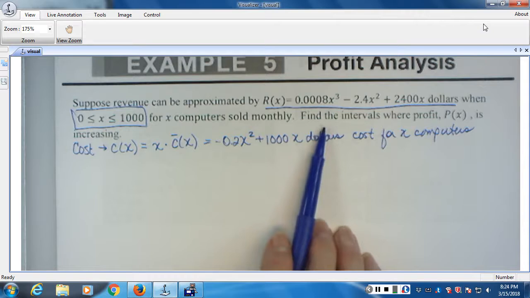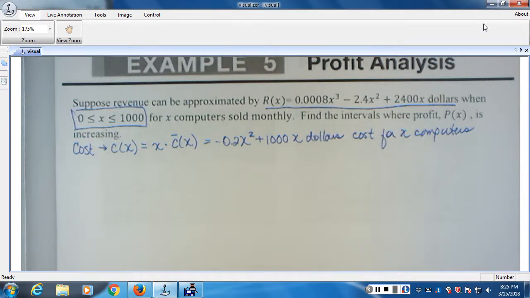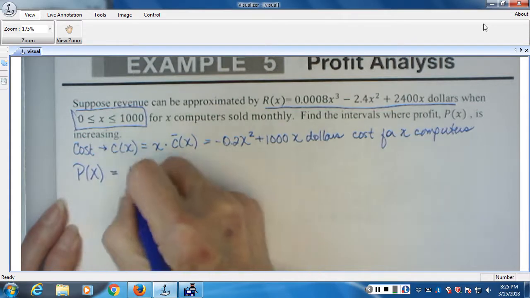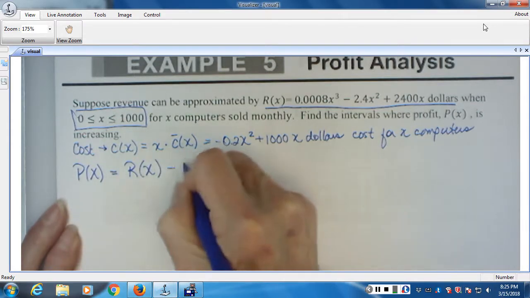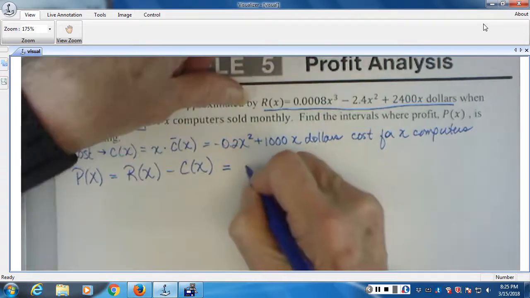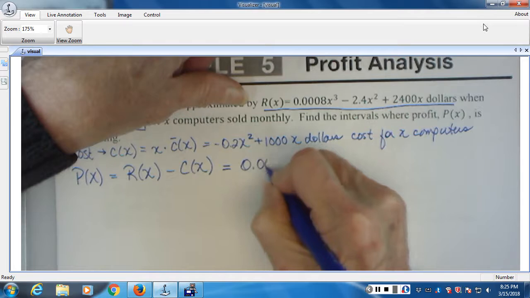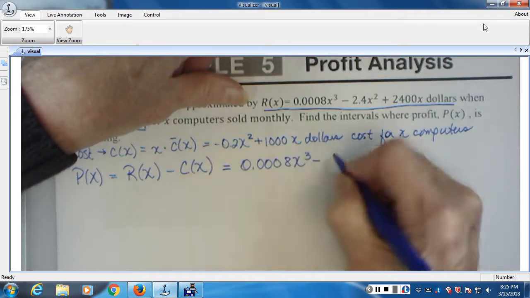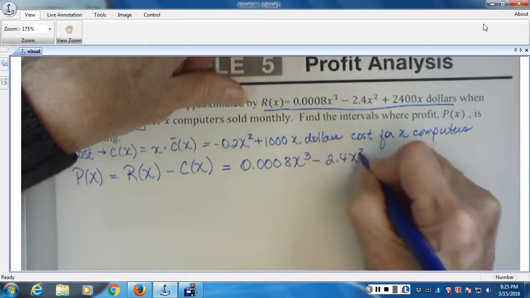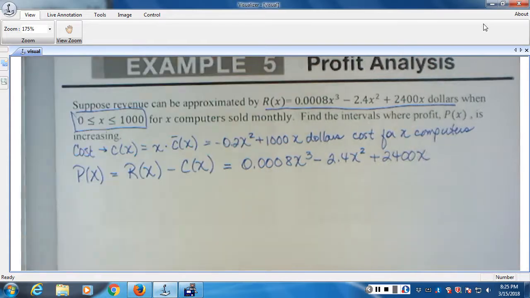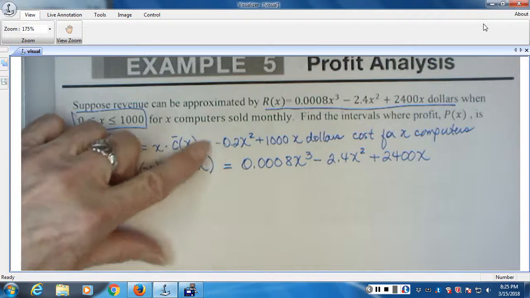Find the intervals where the profit is increasing. That's your revenue minus your cost. So your revenue function minus your cost function, which is going to be the opposite signs here.